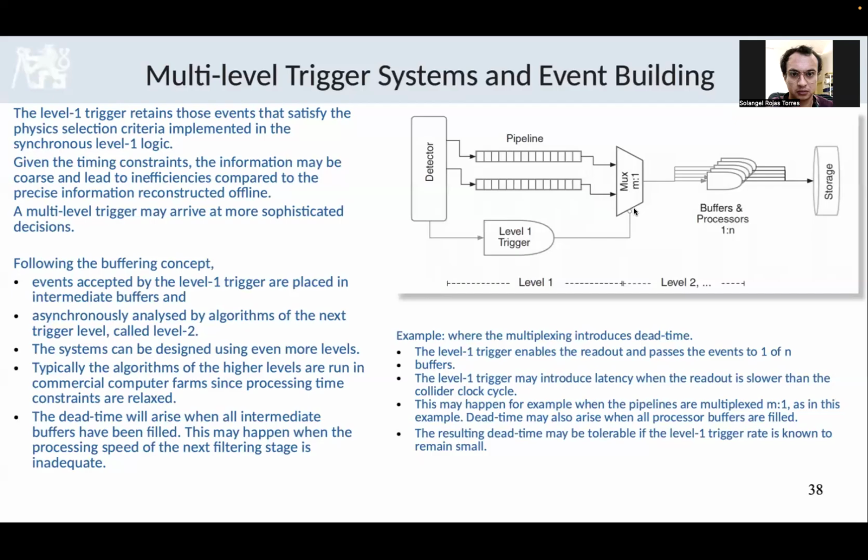It doesn't choose a signal from multiple; it basically sends or doesn't send. And here you have some buffer for the higher level trigger, and then storage. It's one simple architecture, one of the many that you can have.